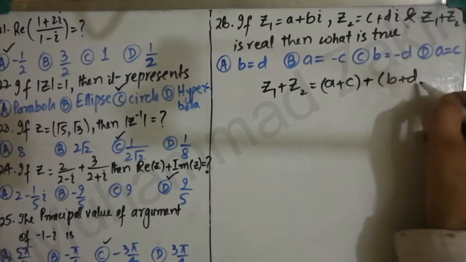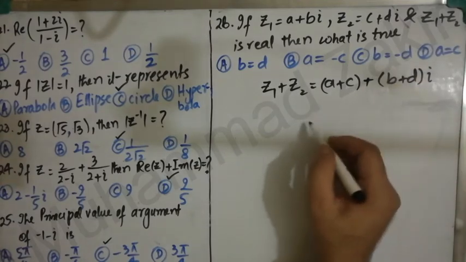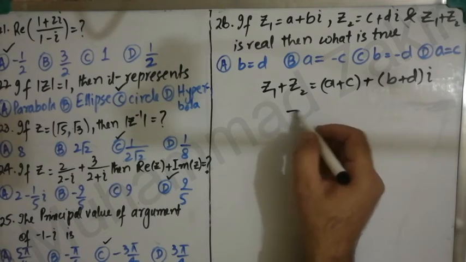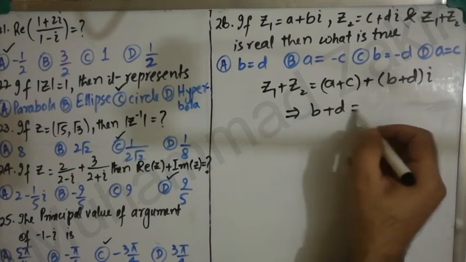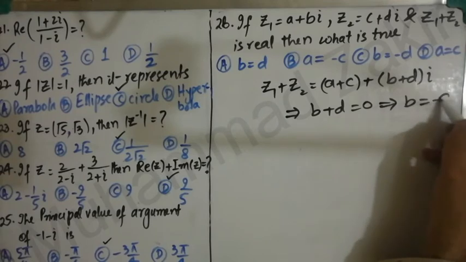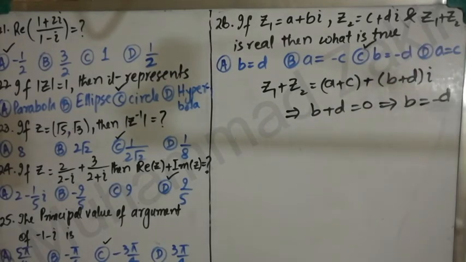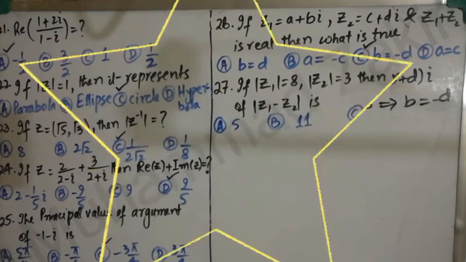For it to be real, we have to keep the imaginary part 0. b plus d is equal to 0. This tells us that b is equal to minus d. So option C is correct. When we apply the condition, the value of b is equal to minus d.